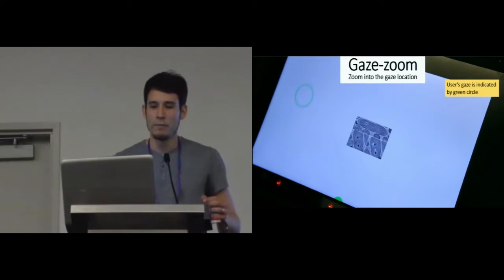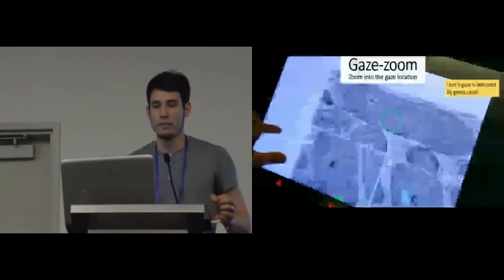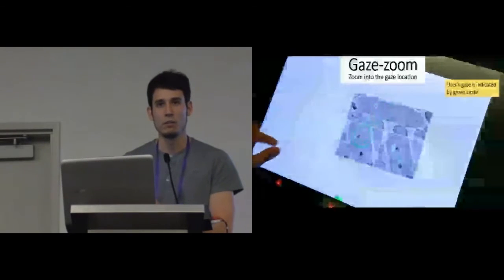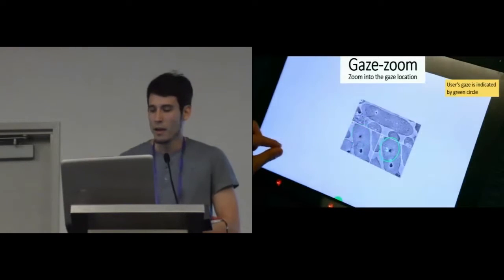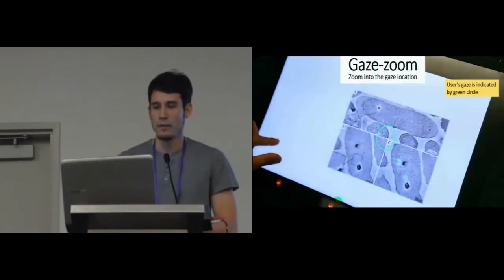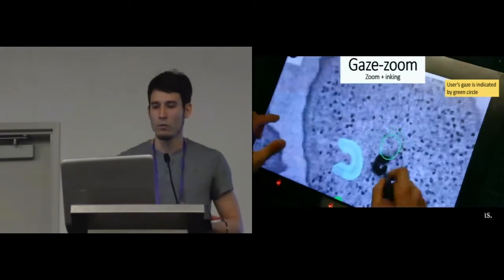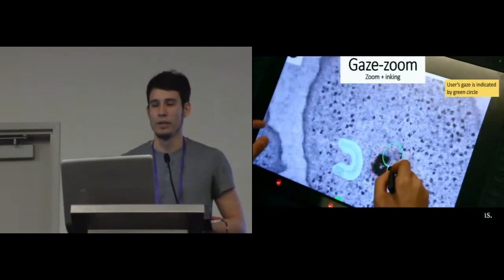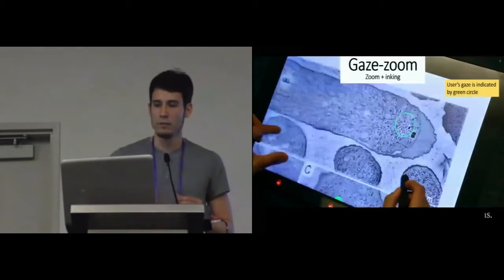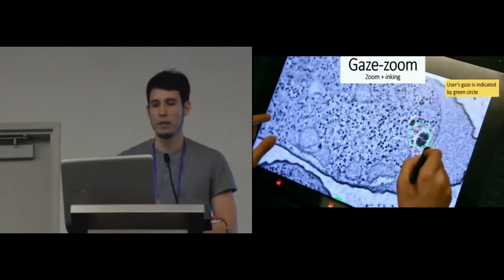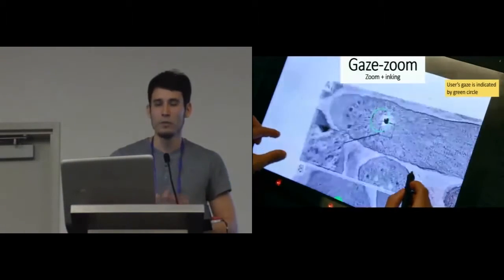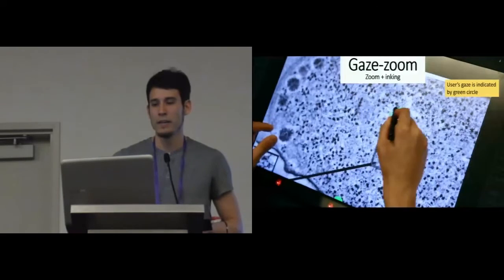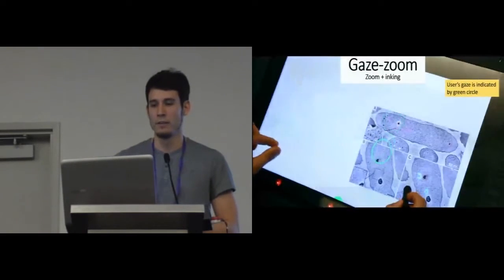Every time the user performs a pinching gesture, the user can zoom into the position they're actually looking at. This also combines quite well with pen inking operations. Here the user can zoom into their region of interest by looking at it, and then use the pen to precisely annotate objects of interest in a medical image.